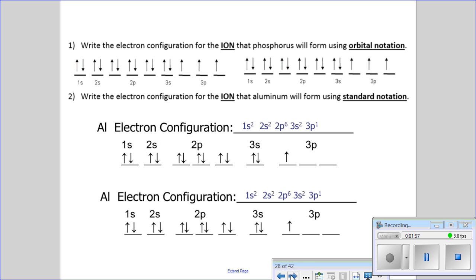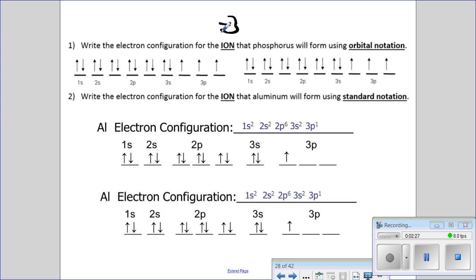Okay, so on this slide I have the orbital notation for the phosphorus atom. Phosphorus ends in 3p3. So it's 1s2, 2s2, 2p6, 3s2, 3p3. Okay, and that's the phosphorus atom. So for the phosphorus ion that makes a -3 charge, it's going to gain 3 valence electrons.